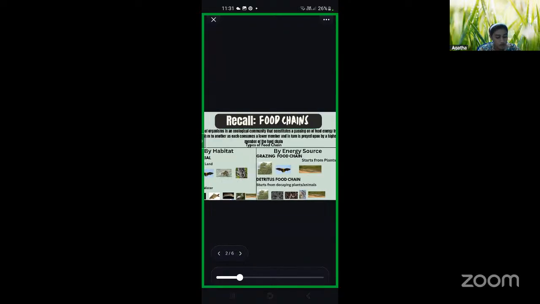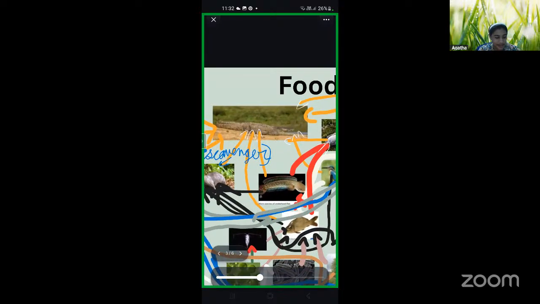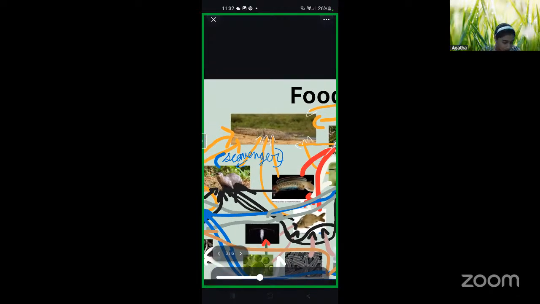Now let's go to food web. Most animals form a part of more than one food chain and eat more than one kind of food to meet their food and energy requirements. These interconnected food chains form a food web. Like the crocodile here, the mugger crocodile eats more than one type of food.